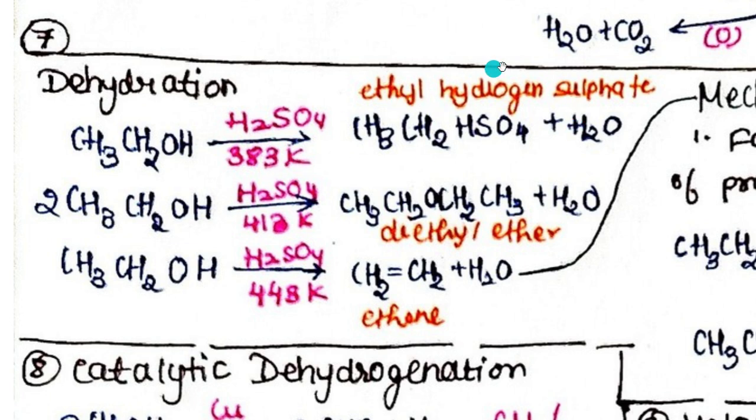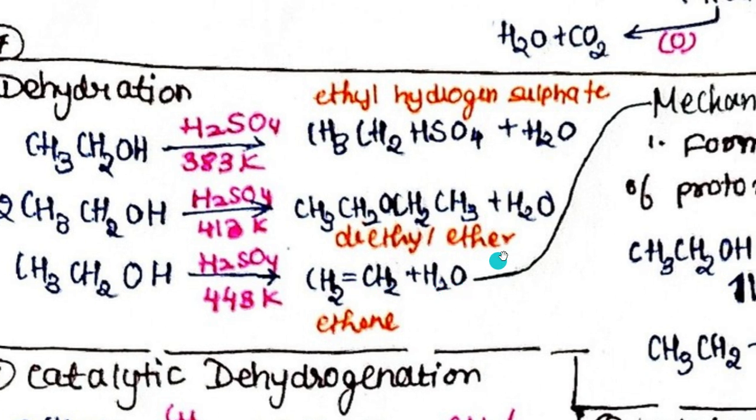And 2 CH3CH2OH with the same H2SO4 at 413 Kelvin gives CH3CH2OCH2CH3, diethyl ether, plus H2O. And CH3CH2OH in the presence of H2SO4 at 443 Kelvin gives ethene, CH2=CH2, plus H2O.